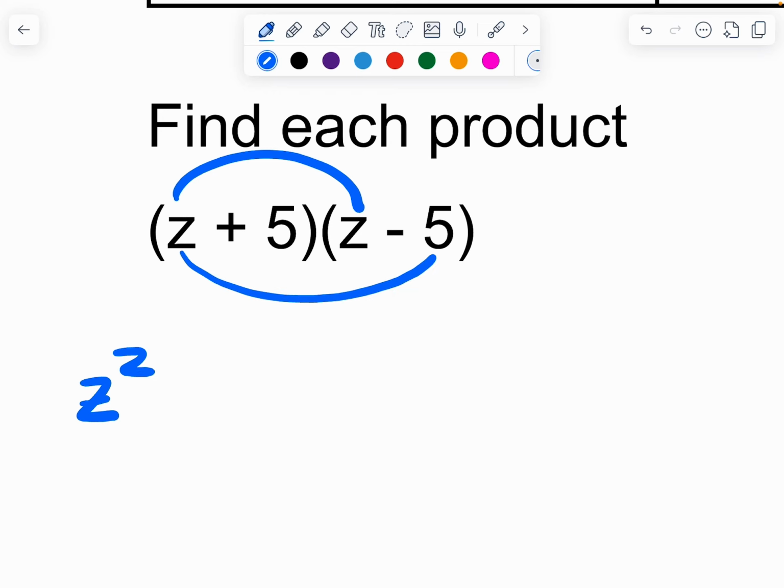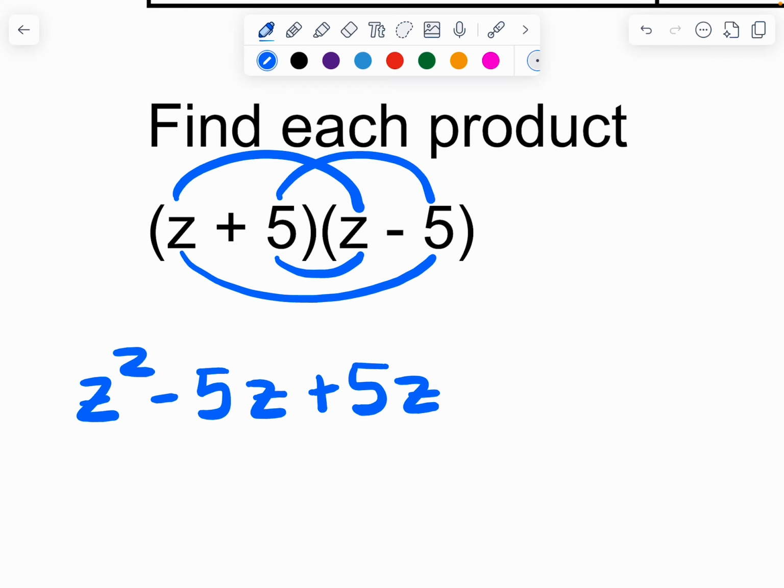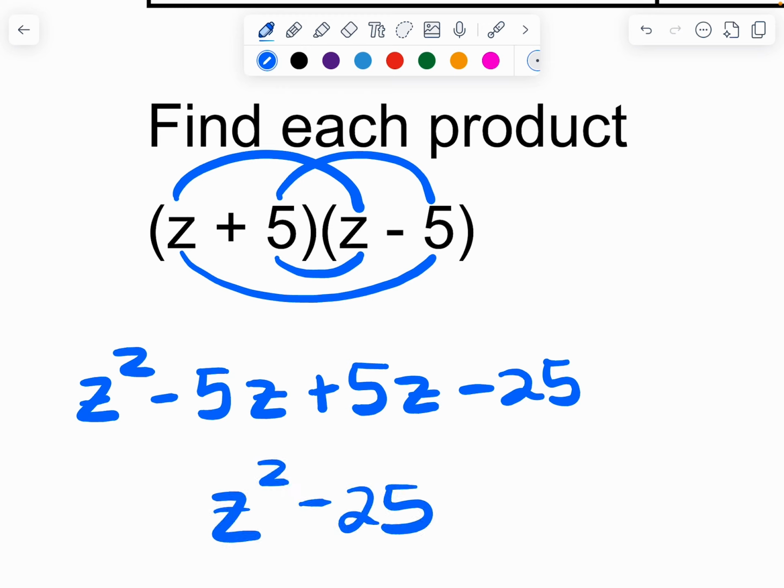I multiply these together, I get negative 5z. Multiply these together, I get 5z. I multiply these together, I get negative 25. Combine like terms, and I get z squared minus 25. Oh, look at that. The middle terms cancel each other out.